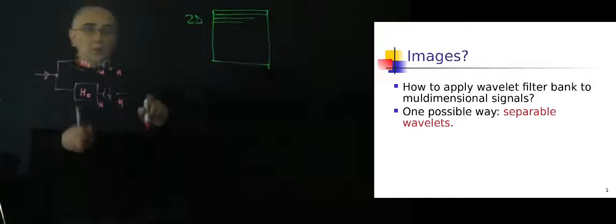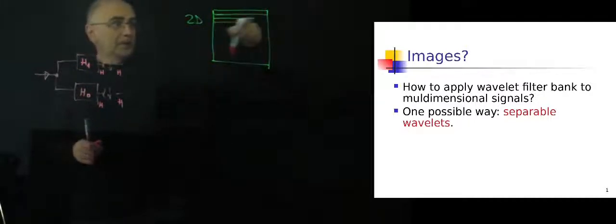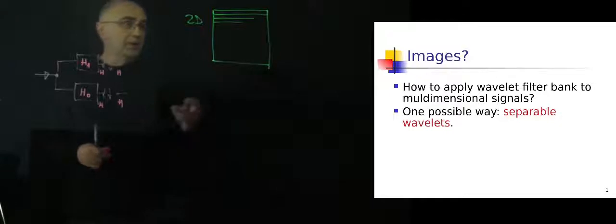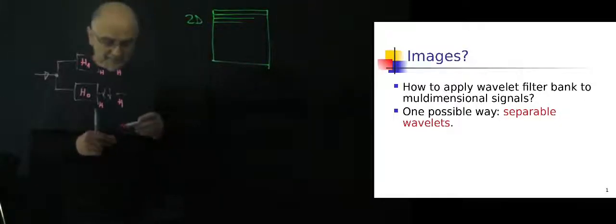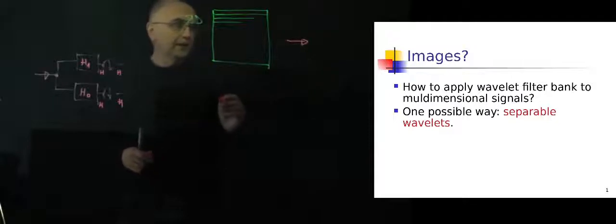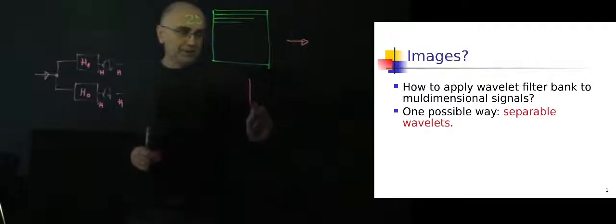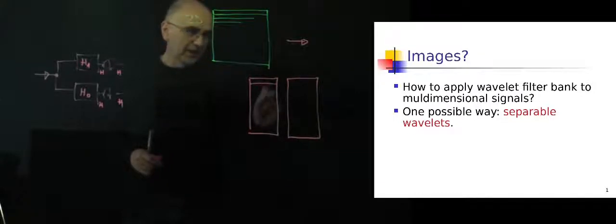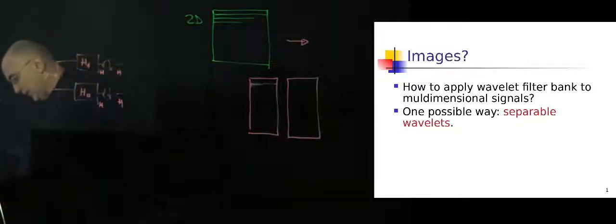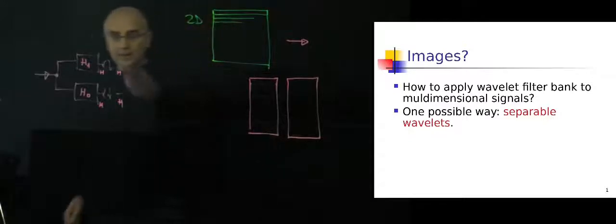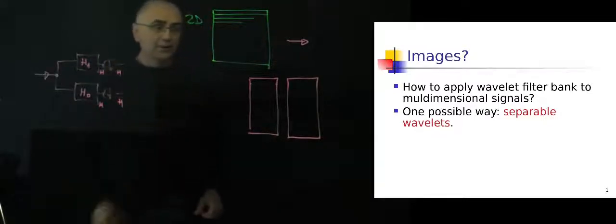Okay. What happens? If we do it at every row of the image, the result will be two images of half the width, with the same number of rows, but half of the width due to decimation in the horizontal direction.